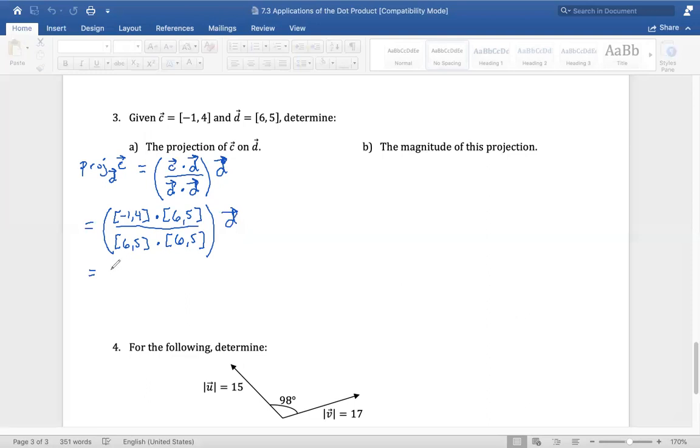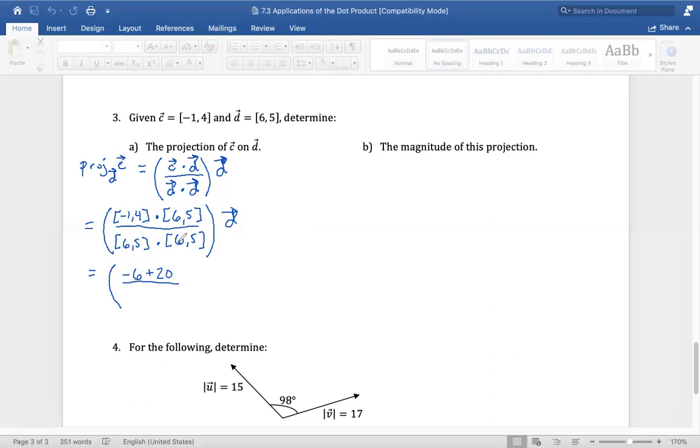So then multiplying, I have -1 times 6 would be -6 added to, and you can write down all the steps if you want, right? 4 times 5, multiplying kind of my y's or my vertical components together would be 20. Same thing for the denominator.